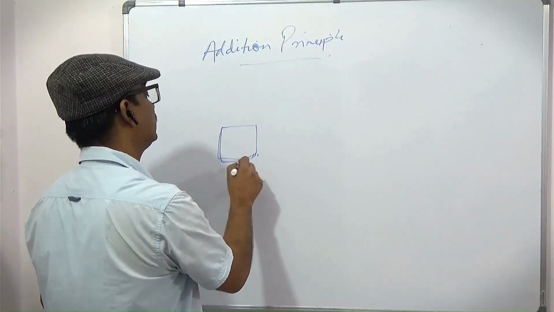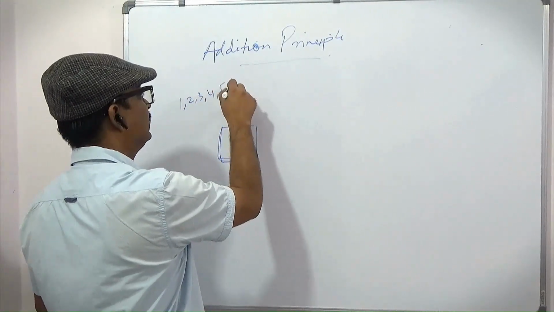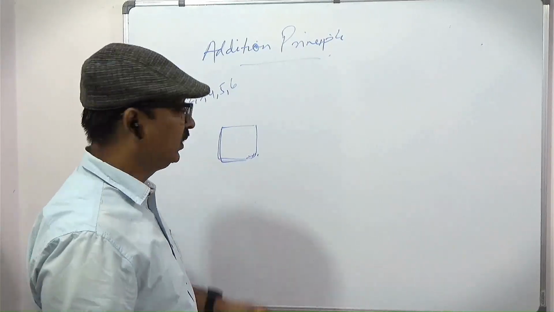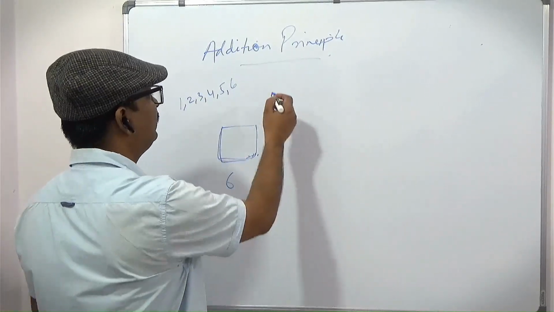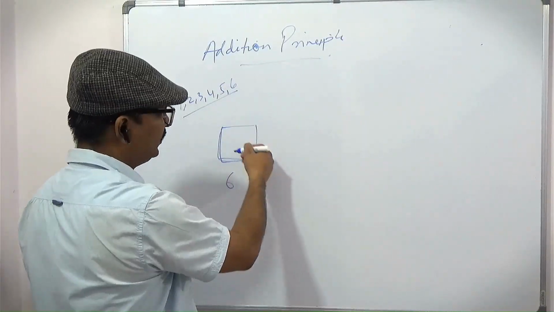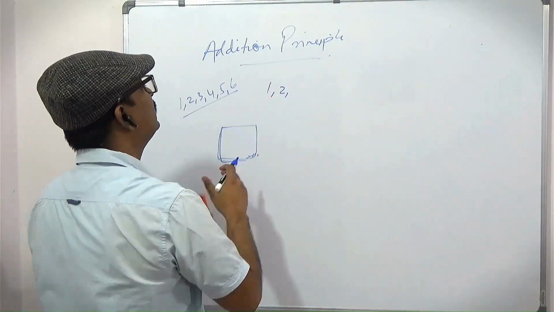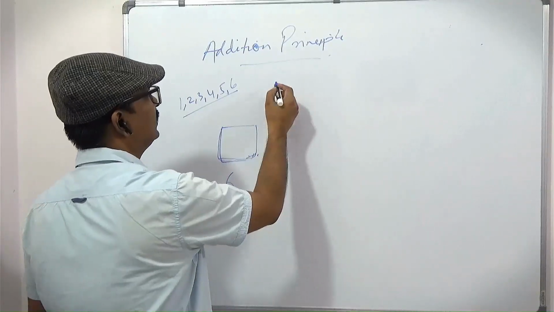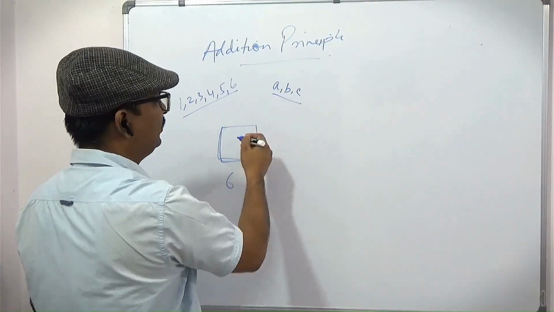We have one single slot, and we have 1, 2, 3, 4, 5, 6 from which we can fill this slot. So there were 6 different ways of filling this slot. Let's say we have another basket. This is one basket from which we are taking this, and we have another basket which has, let's say, different objects. Let's say A, B, C. So we can fill this also.